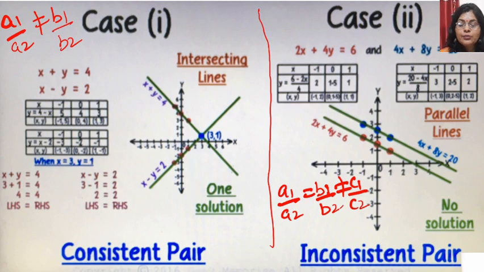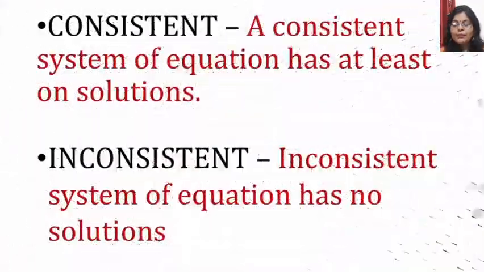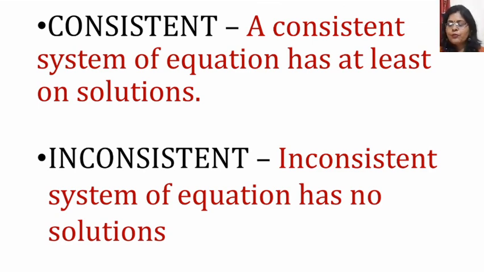Now let us come to the third case. Before coming to the third case, I just want to recapitulate once again about consistent and inconsistent pairs. A consistent system of equations has at least one solution.